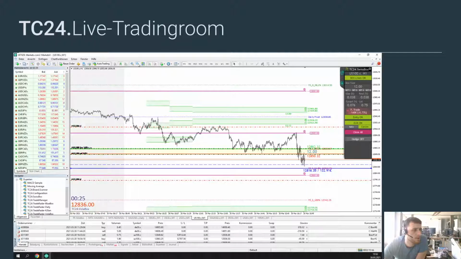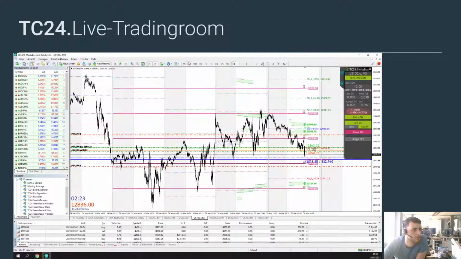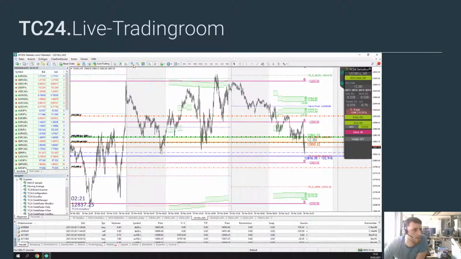Let's take a look out on the Nasdaq here, 5-minute chart. Take one in. As we can see, last time we hit the area, we had a nice reversal all the way back up.